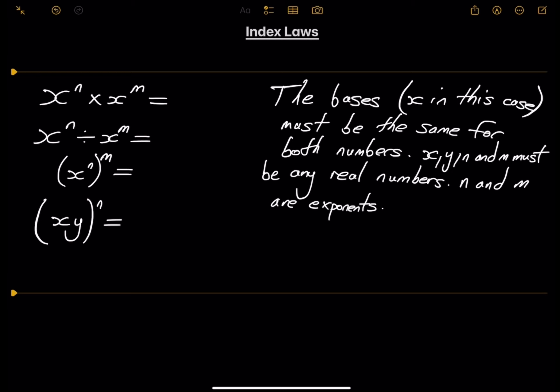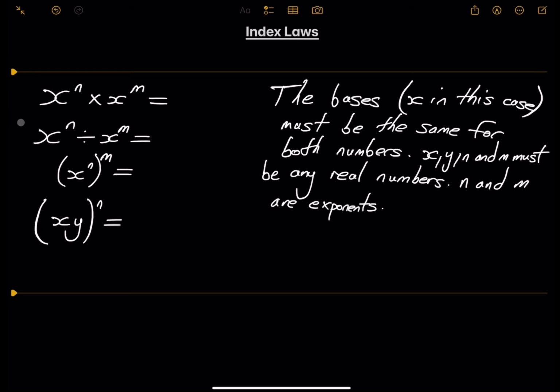Today I'm going to be teaching you about index laws. It's a relatively simple topic. You can use the laws of indices to simplify powers of the same base. The bases must be the same. In these first two examples, the base is x, so x must be the same for both numbers.